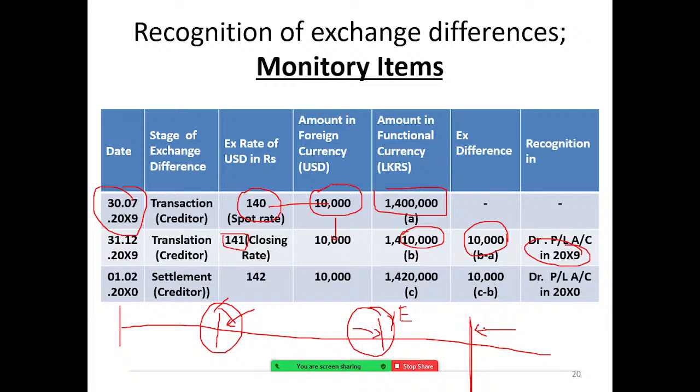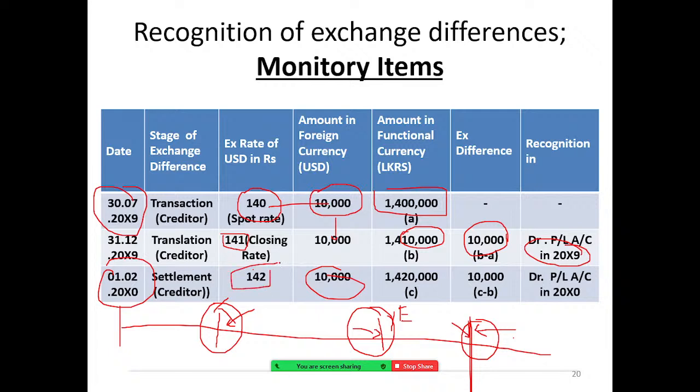Again, now we move to this date. This date is the settlement date. This 10,000 will be settled on this date. On that date, it's a transaction, right? Settlement is a transaction.